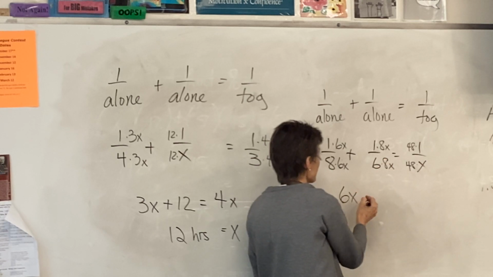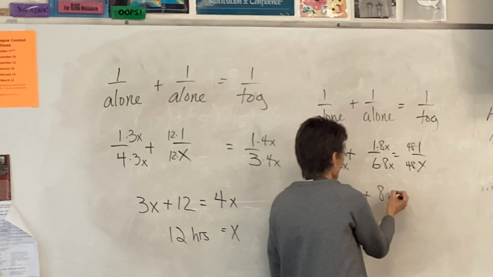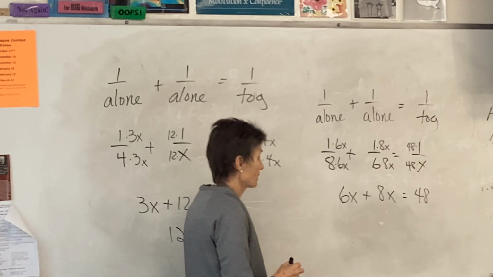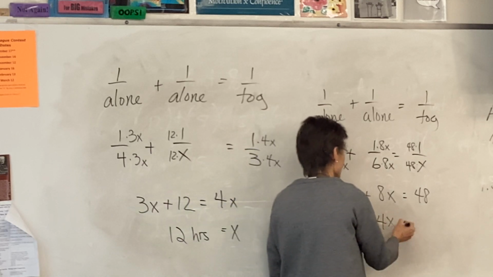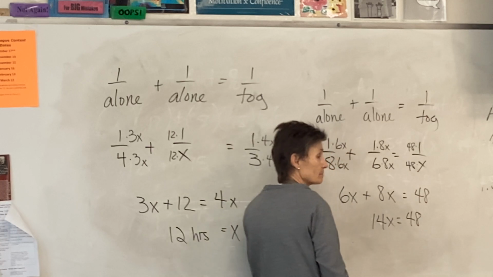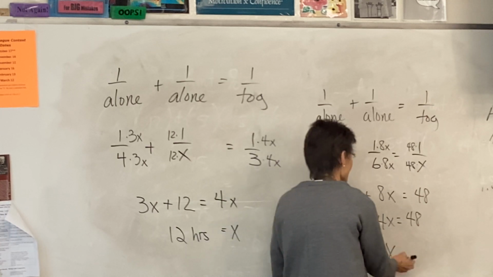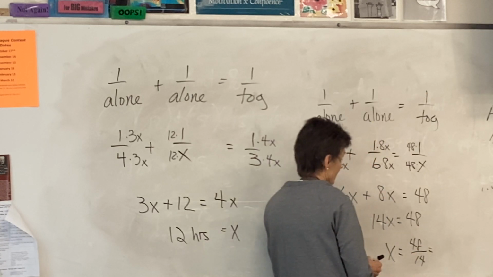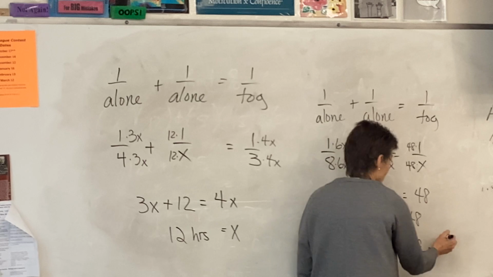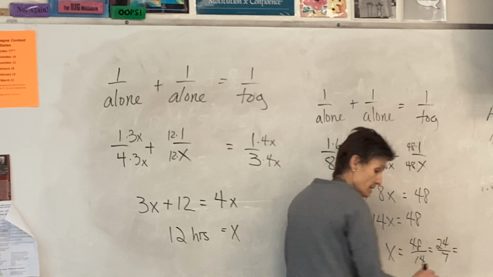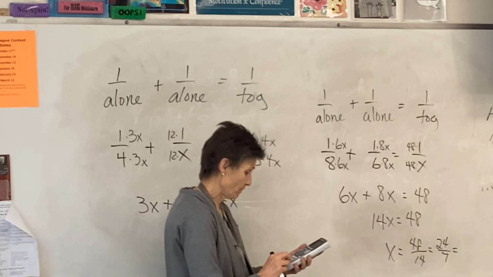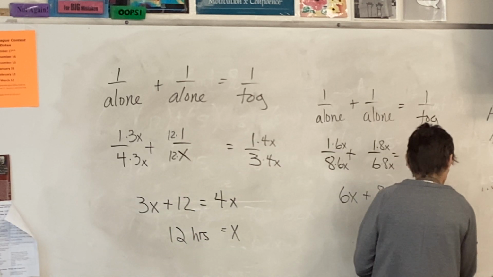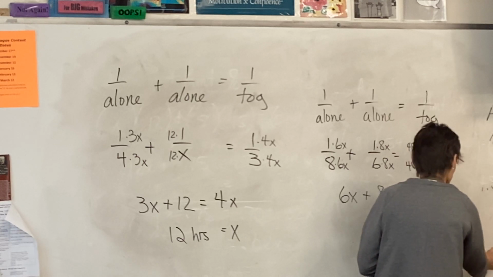So 6x plus 8x equals 48. Does that sound right? So 14x equals 48, and x equals 48/14, which you can either reduce to 24 over 7, or you can get a decimal for that, and say about 3.4 hours.